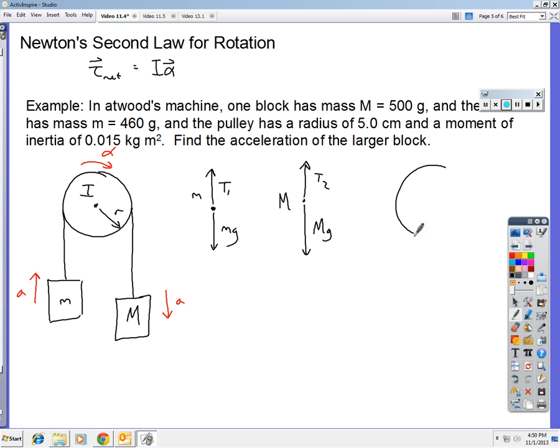And so if we draw what we call an extended free body diagram for the pulley, we'll find that we have T1 pulling down on one side, T2 pulling down on the other side, and some force from the bearing pulling up in the middle.